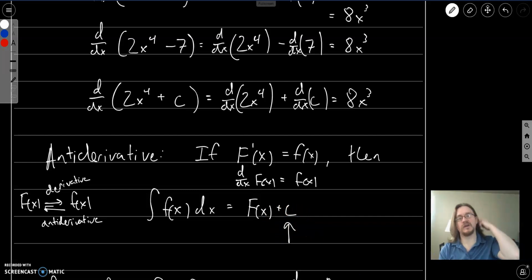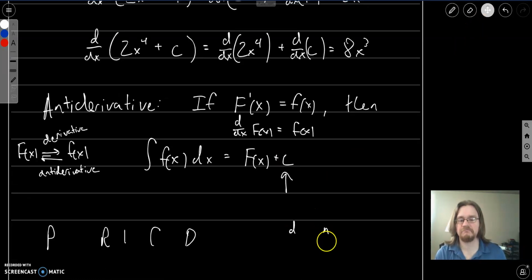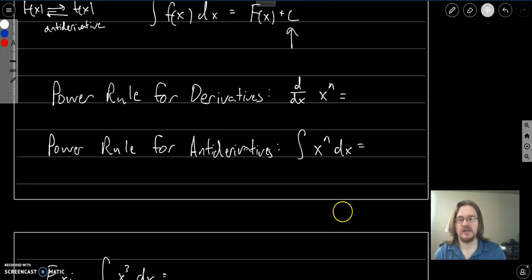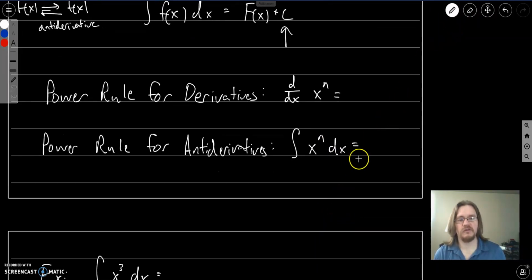Almost every single homework assignment in homework 19 will require that plus c, otherwise it'll count it wrong. Simply because the derivative of a constant is 0, so if I take the derivative of this guy, I get f of x. You need that constant there, because we don't know which constant is the correct one. So the power rule for derivatives, let's look to see how we might undo this for antiderivatives.